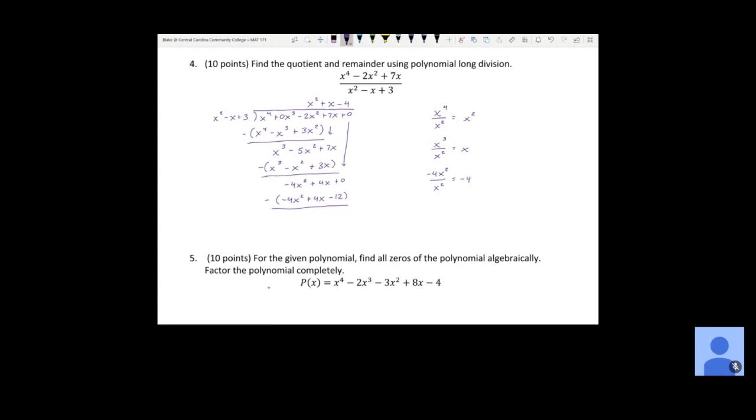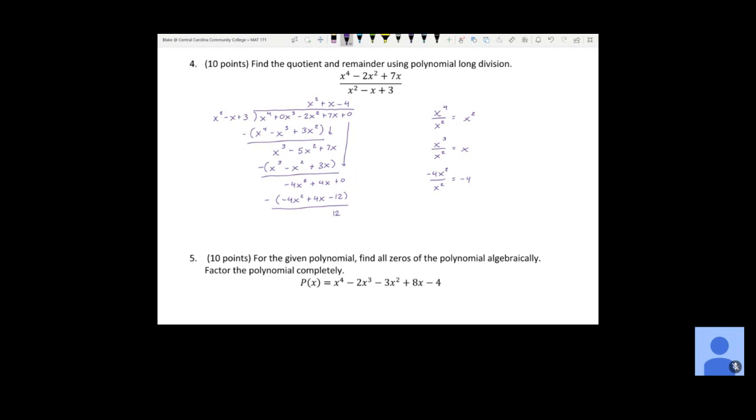What's 4x minus 4x? Yeah, that's 0. And then 0 minus a negative 12 would give us what? That's going to become positive 12. Good. Now, I can't divide 12 by x squared, so we stop right there.